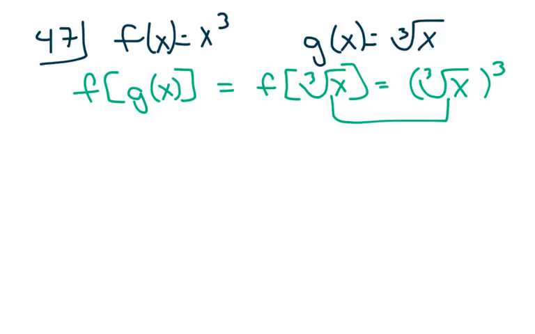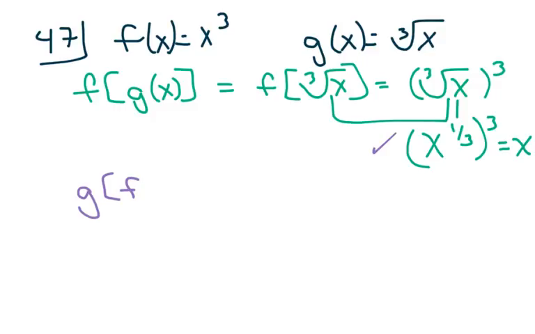And we'll get into this a little more, but you should know the cube root, you can write the rational way of writing cube root of x as x to the 1/3. So this is the equivalent way of writing that cubed equals x to the first, which is just x. So that checks.